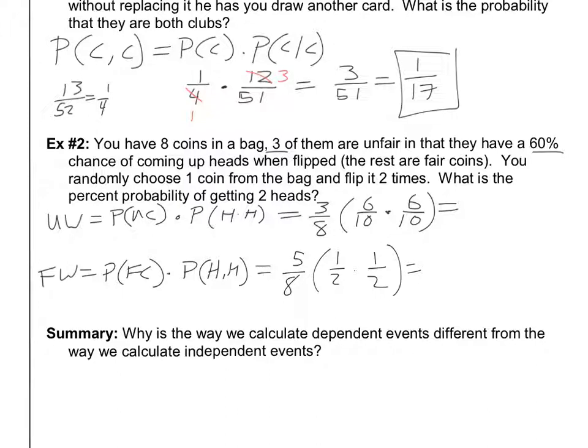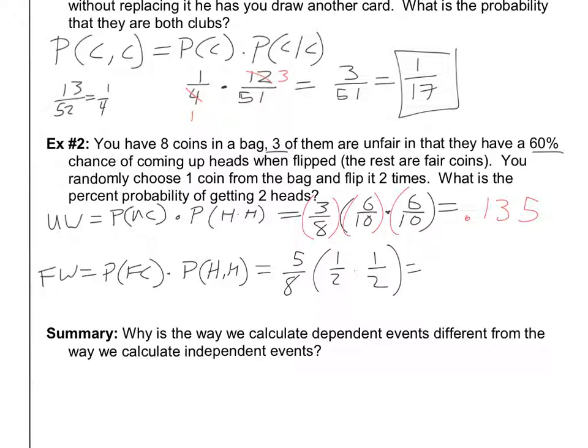So I would recommend that you just go ahead and plug this in your calculator. Just remember, when you do fractions, you want parentheses. You could reduce it first if you want. It might make your life a little bit easier, but if you plug all of this in, you're going to get 0.135 for the unfair coin. So that's the chance that you draw an unfair coin and then flip heads twice.